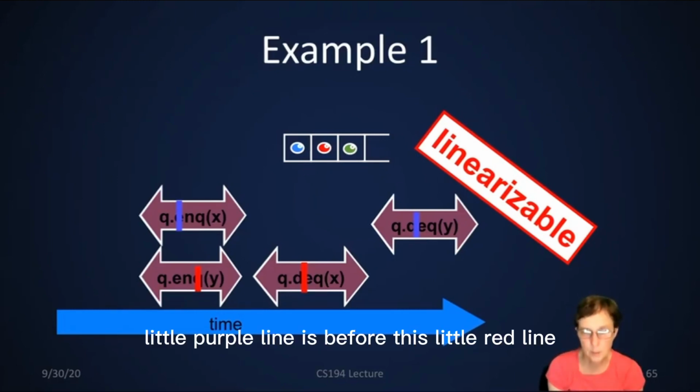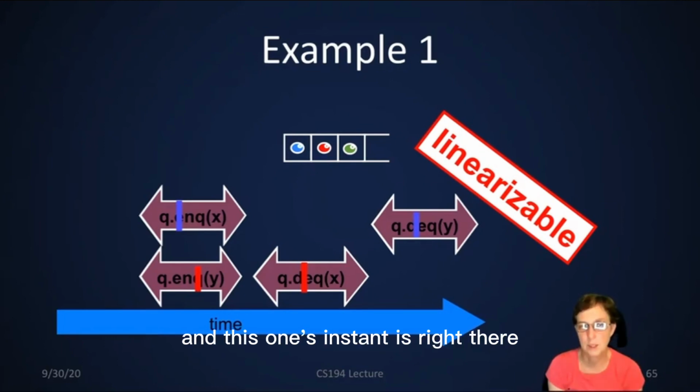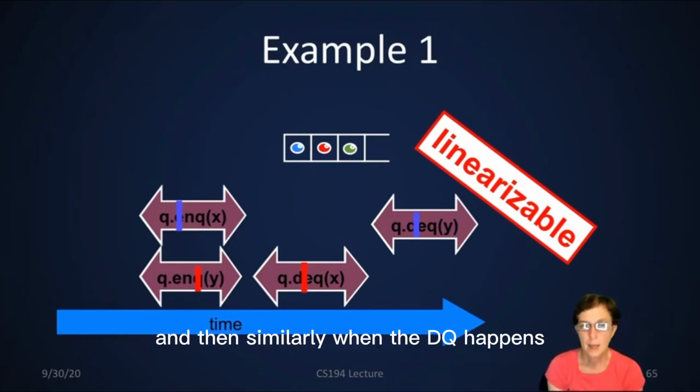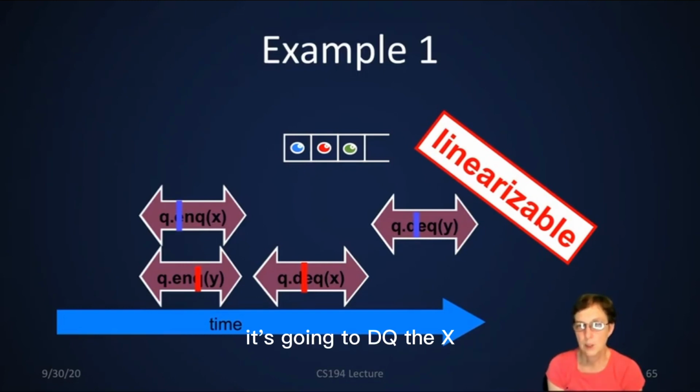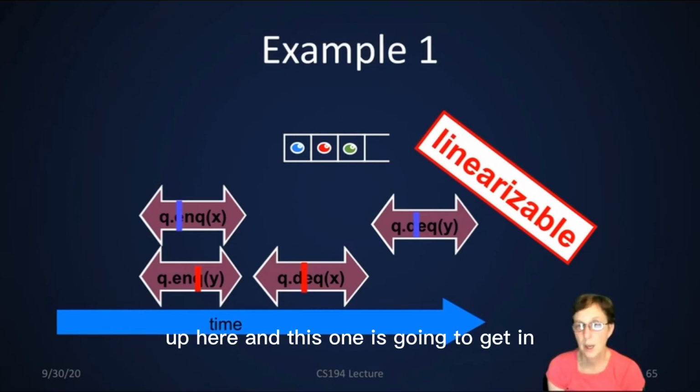And so this little purple line is before this little red line, because this one's instant is right here in time, and this one's instant is right there, and the two are ordered in the timeline down here. And then similarly, when the DQ happens, it's going to DQ the X. So even though it's not from its own thread, whose value is Y, we're going to get the one that was put in first up here, and this one is going to get the value that was put in second.